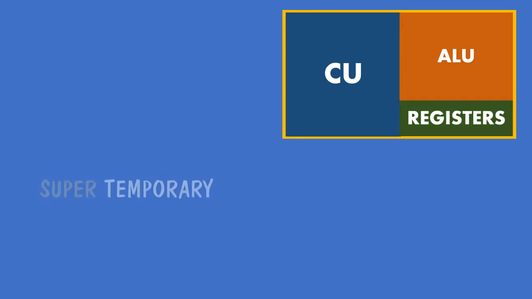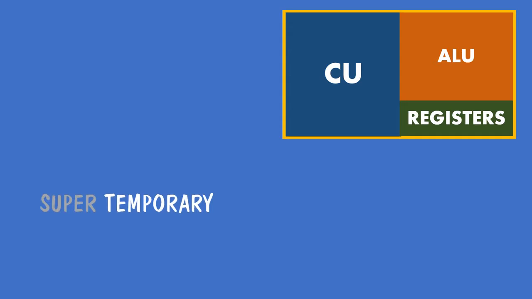These things are super temporary pieces of data, even more temporary than RAM. Each register is only 32 or 64 bits long, which I know doesn't seem small, but that's only 4 or 8 bytes. And if we consider one letter as 1 byte, that's 4 letters you can store in there. That's barely anything, and there are very few of these registers as well.